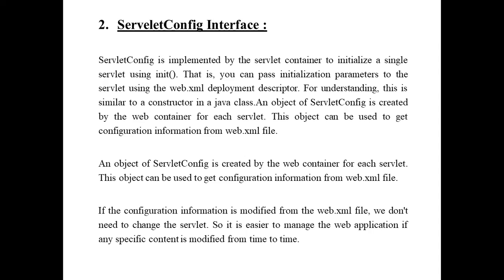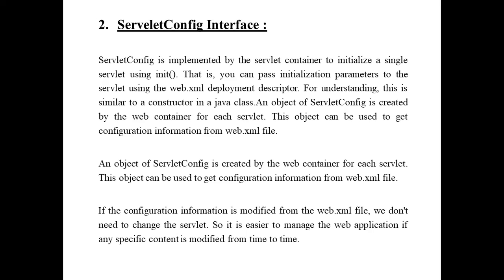An object of ServletConfig is created by the web container for each servlet, and this object can be used to get the configuration information from the web.xml file. If the configuration information is modified in the web.xml file, we don't need to change the servlet.